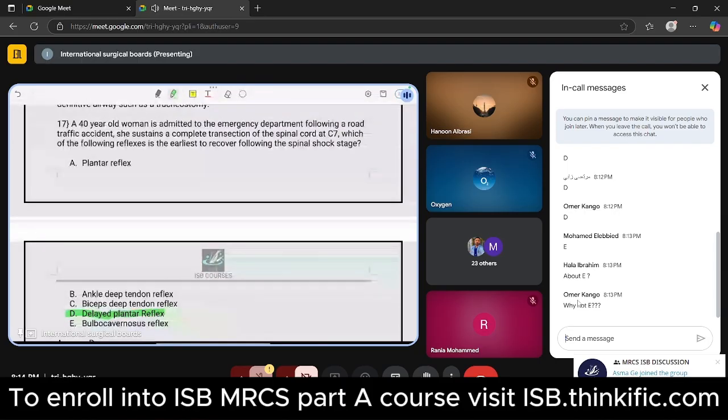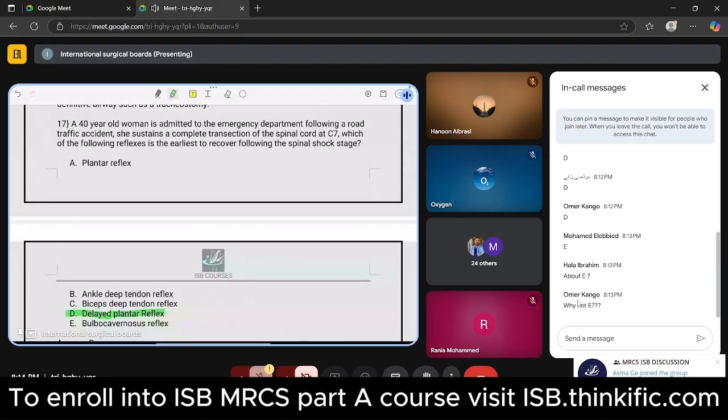We talked about sacral sparing, which can influence the prognosis and the prospect of motor recovery following spinal cord injury. But it is not the very first reflex to return. It is the most clinically important, but it's not the first.